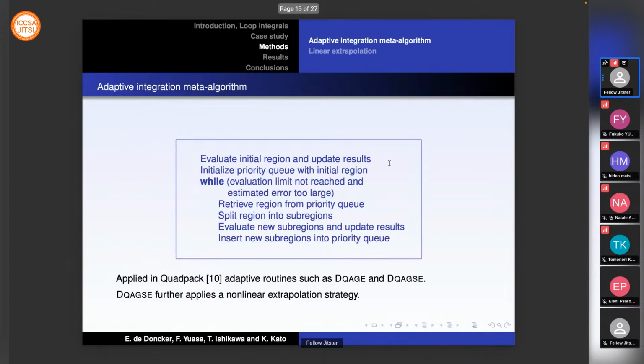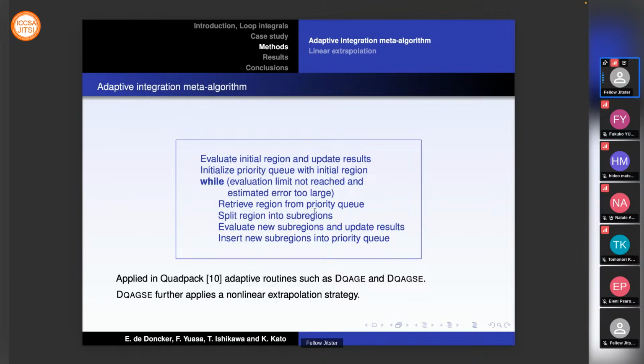Okay, I'll go over the adaptive integration algorithm first. So this algorithm will subdivide the integration domains successively into finer and finer subregions, while termination conditions are not satisfied.